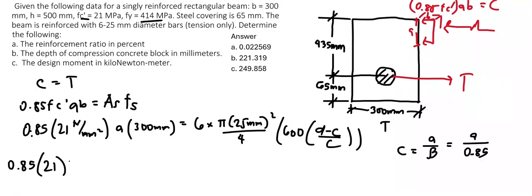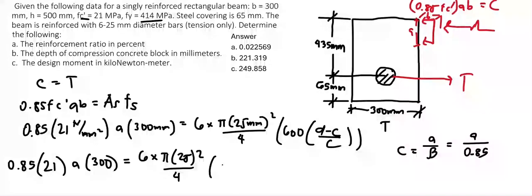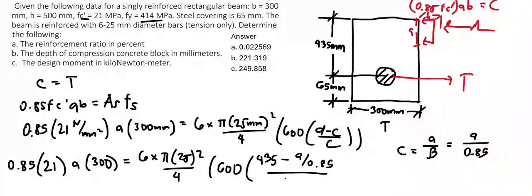This is 0.85 times 21 times A times 300 equal to 6 times pi 25 squared over 4 times 600 and effective depth of 435 minus c, that is equal to A over 0.85, all over A over 0.85.